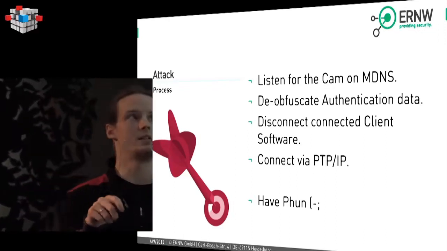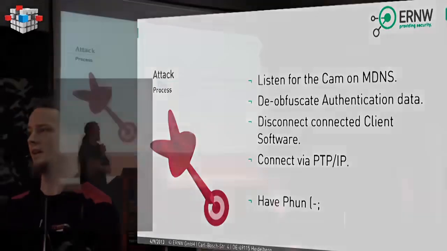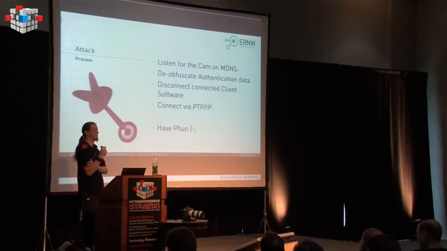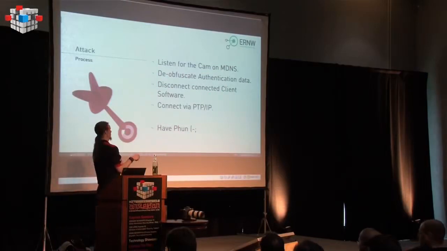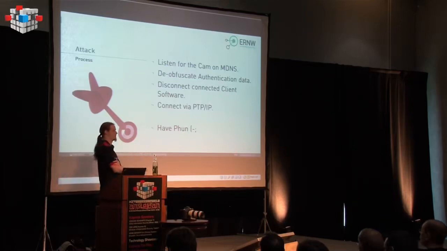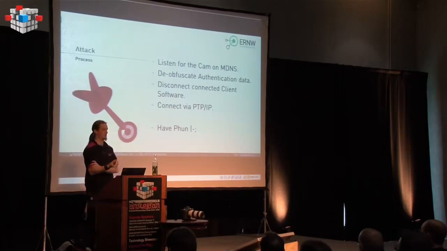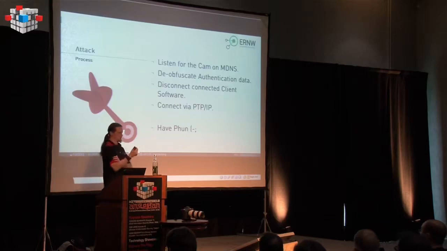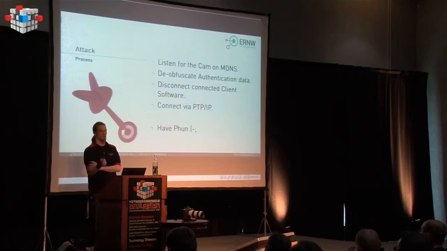While implementing this attack, I figured out the hard part wasn't to listen for the camera or deobfuscate the authentication data. The hard part in this attack actually was to find a library which is capable of proper PTP/IP handling. Because, as I said before, PTP/IP is a nice protocol standardized by some vendors, and it's loaded with vendor proprietary extensions.